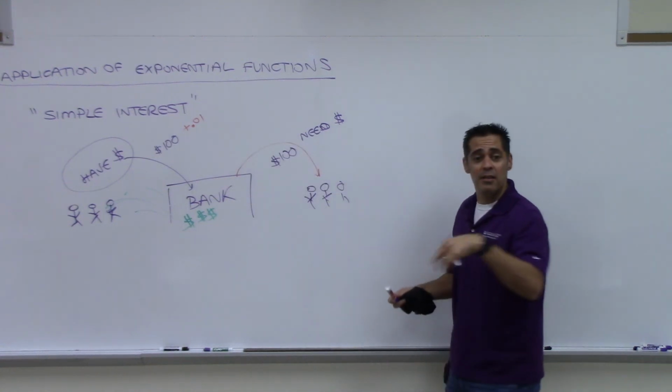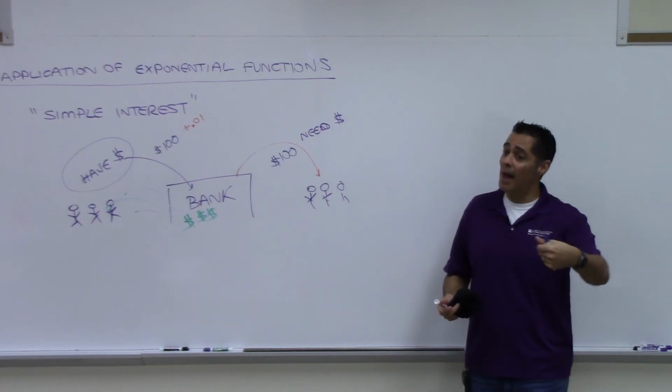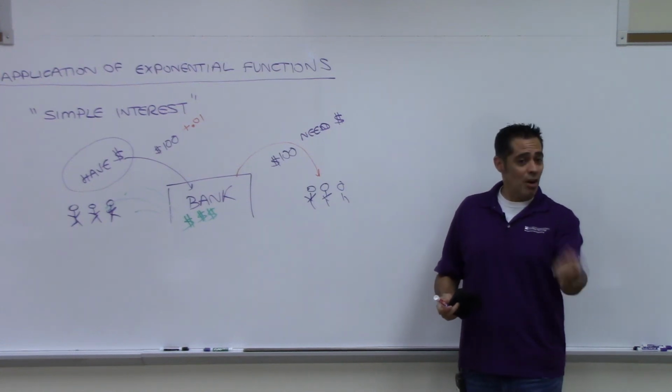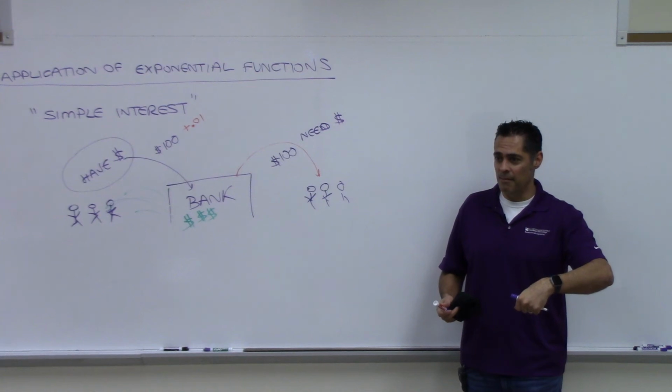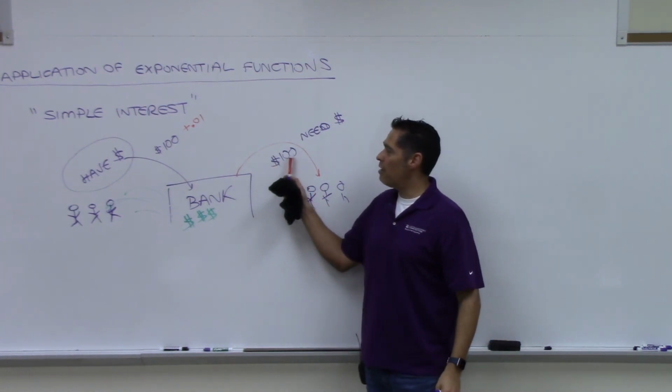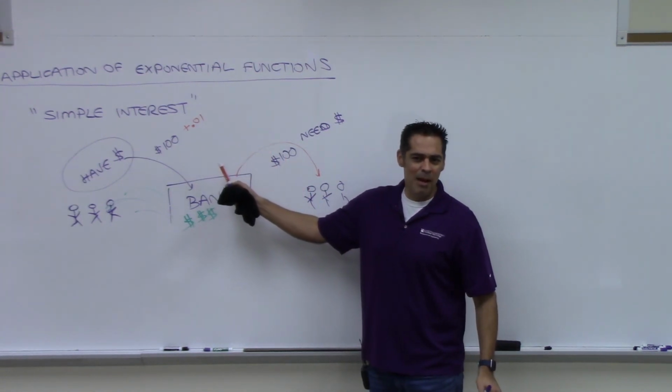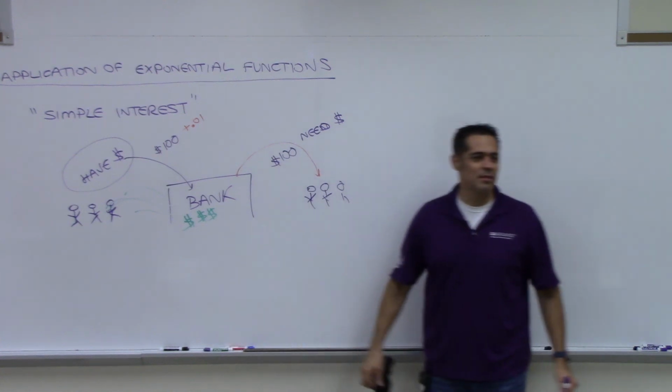And the bank says, that's fine, you can have the $100, but you need to pay it back. And we're going to charge you for borrowing that money. Do you think they charge you $100.01? No. How much do you think they charge you for that $100?